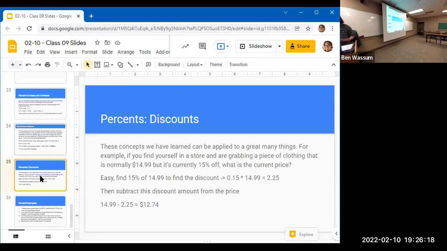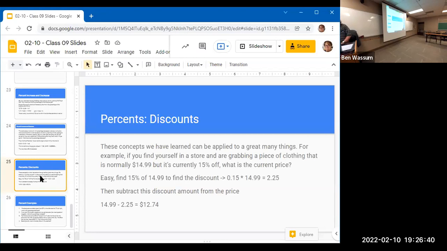Again, percentage times whole is equal to part. So 0.15 times the $14.99 is equal to $2.25. So we found out that the amount that's coming off of it is $2.25. So to figure out what the current price is, you do the original amount minus that $2.25.